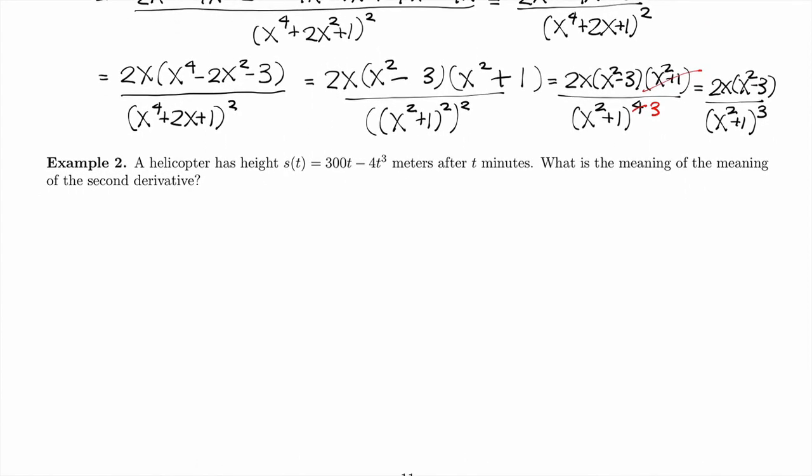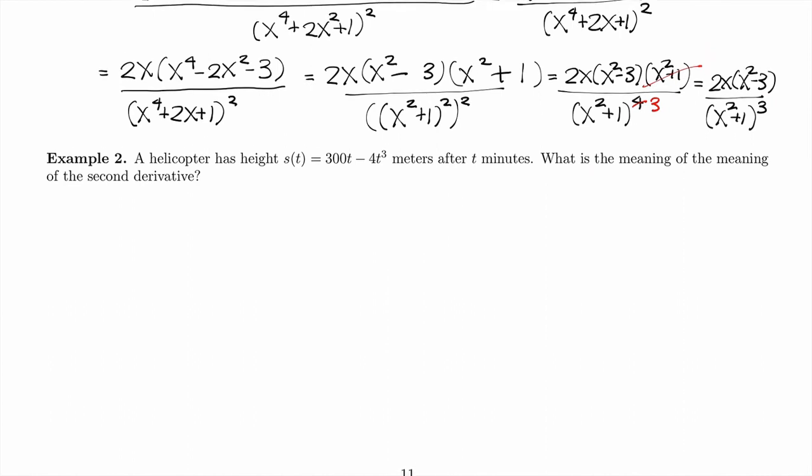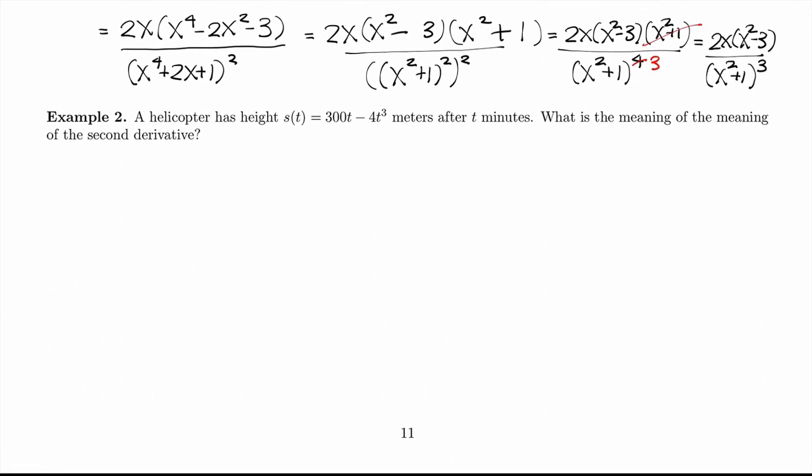So say you had an application problem though. Say you have a function that's giving you the height in meters after t minutes. We want to ask ourselves, what is meant by the second derivative? So let's remind ourselves, when you do the first derivative, we can do that for this: 300 minus 12t squared.